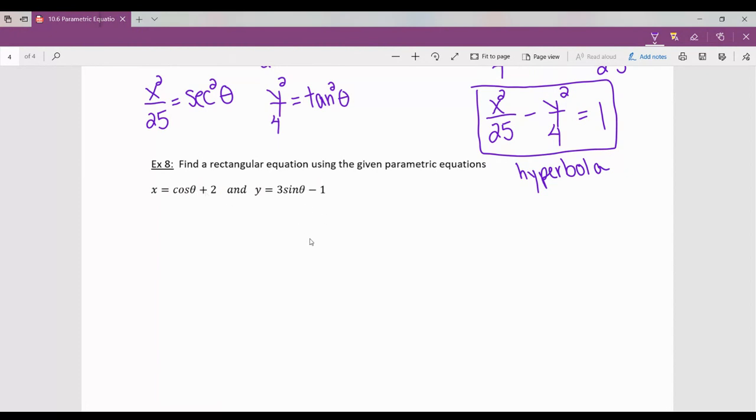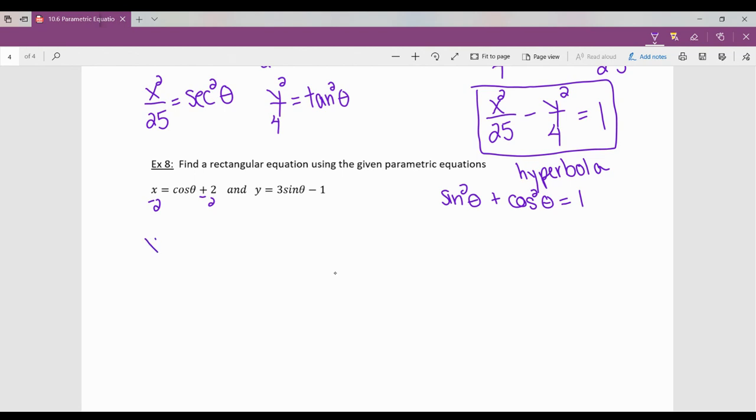Okay. All right, last one. We're back to cosine and sine. So I'm going to jot that down once again. Sine squared plus cosine squared equals 1. All right, so first thing we got to do is get the sine and the cosine by itself so we can then square it. So I'm going to minus 2.